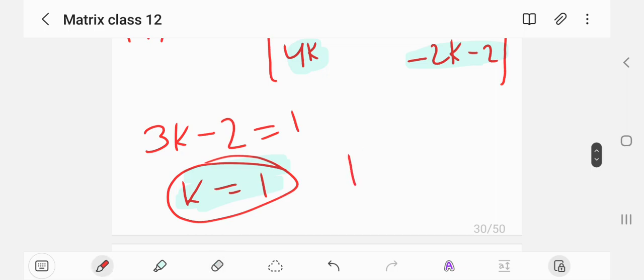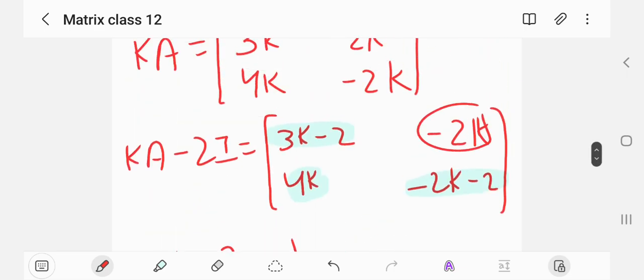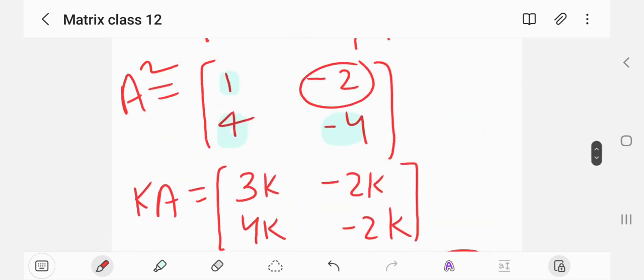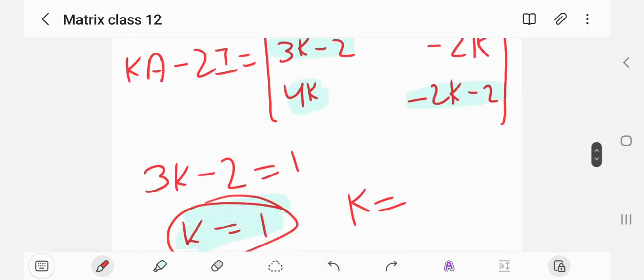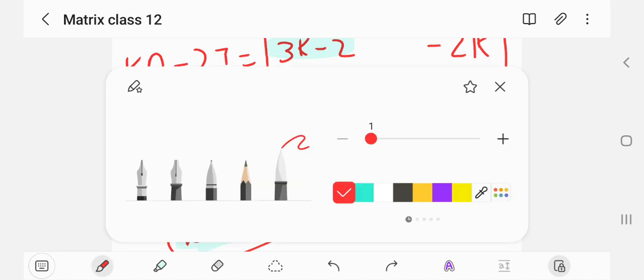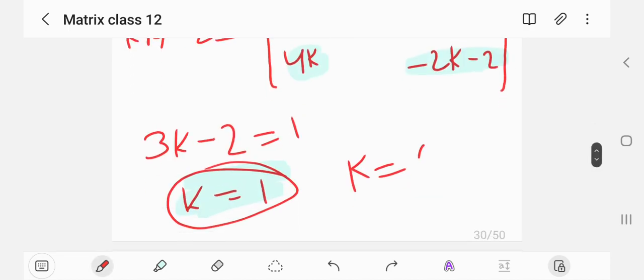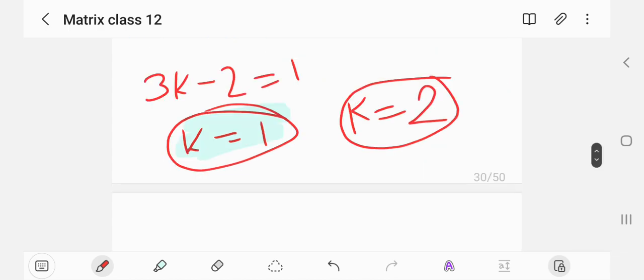Now in case you got some different K by comparing some different entry, this is a supposition. Here in this case they are coming out to be the same, K equals 1, but if they were coming out to be different, let's say K equals 2 with some other entry, in that case I will say that my K has no fixed value.